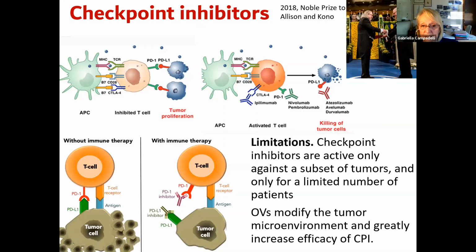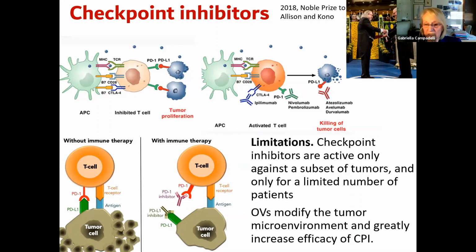Unfortunately, there are limitations to these checkpoint inhibitors. The major limitations are that checkpoint inhibitors are active only against a limited number of tumors and in a limited number of patients. So there is a need worldwide to increase the spectrum of activity of checkpoint inhibitors.